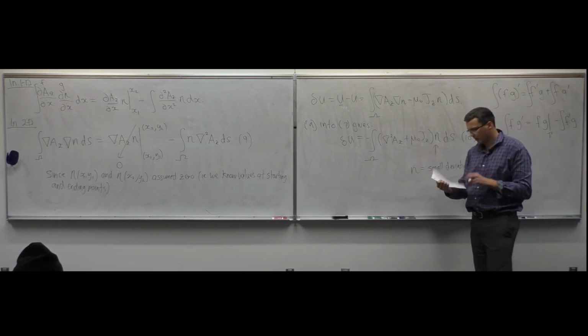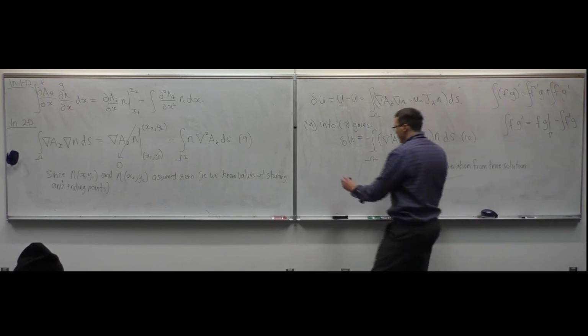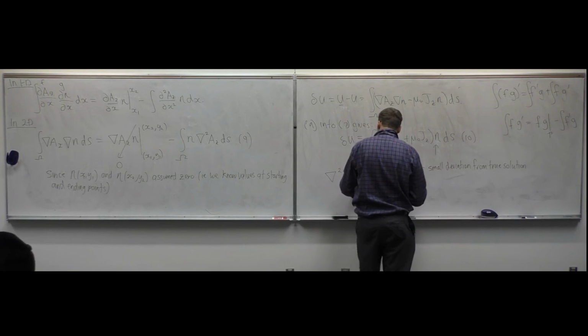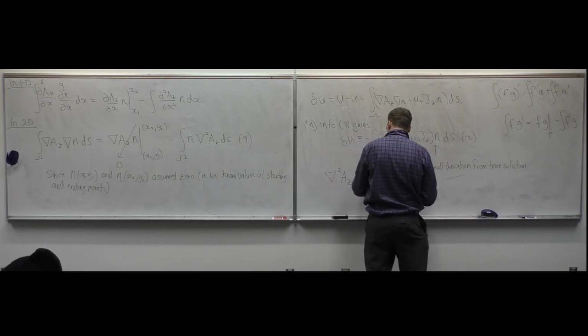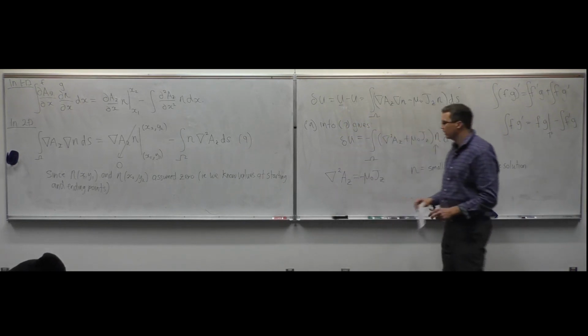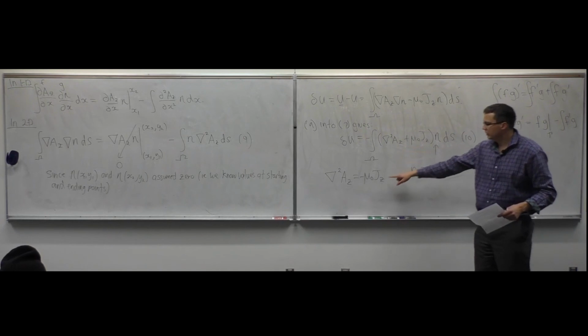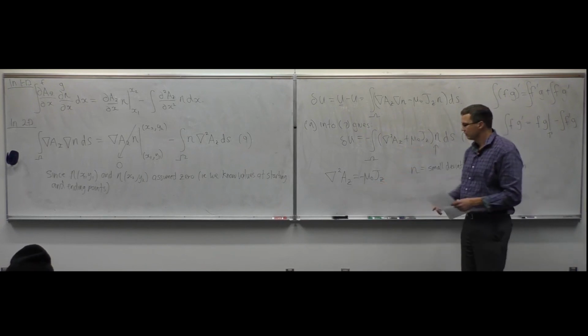If you look back, equation 1 is written as del squared Az is equal to minus mu naught Jz. If you rearrange the term in the brackets and make that equal to 0, this is what you get, right?